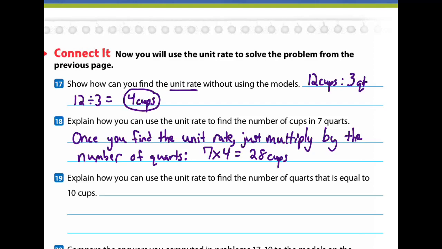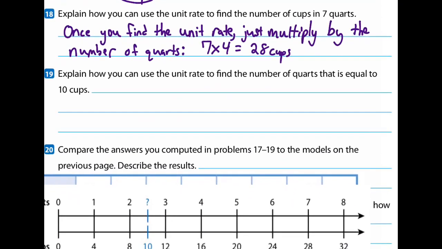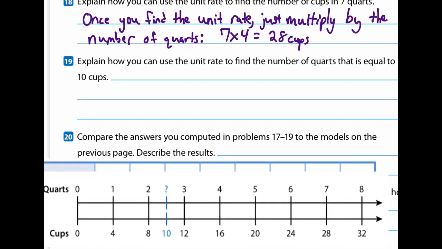Now in 19, it says, explain how you can use the unit rate to find the number of quarts that is equal to 10 cups. All right, so let me scroll up here. So remember, the unit rate is 4 cups in 1 quart, right?